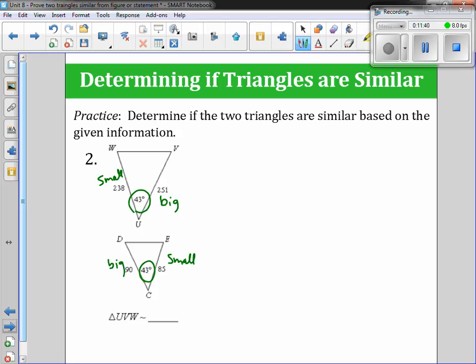So we have 238 compared to 85 and 251 compared to 90. When I simplify 238 and 85, I get 14/5. But when I simplify 251 and 90, it does not simplify, so therefore these are not similar.